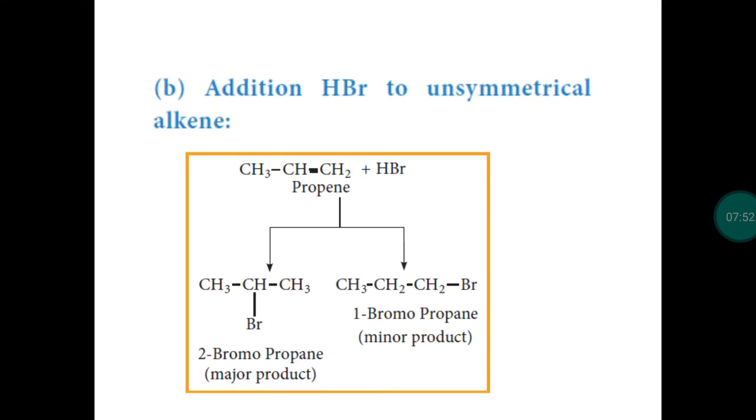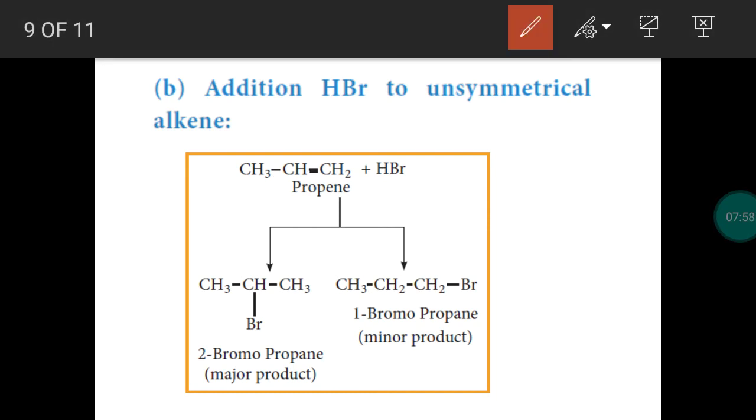Next, addition of hydrogen halide with unsymmetrical alkene. Take this alkene, it is not a symmetrical one, it is an unsymmetrical alkene. So observe the atoms present on the left and right hand side of a double bond. On the left hand side we have CH3CH, the right hand side of the double bond will be CH2.